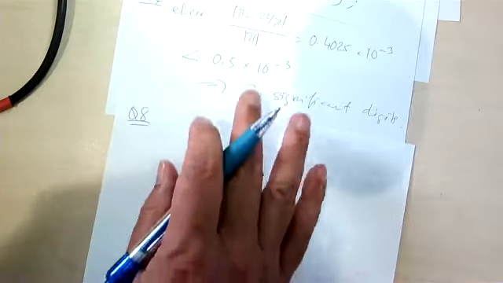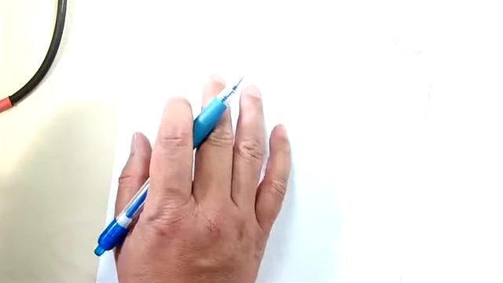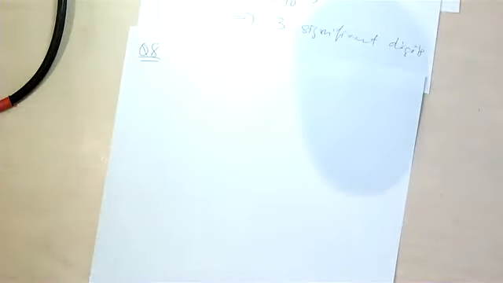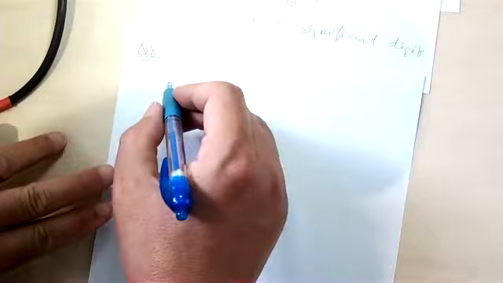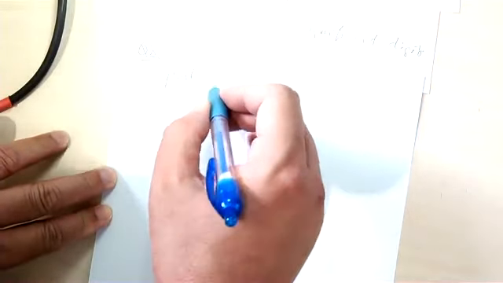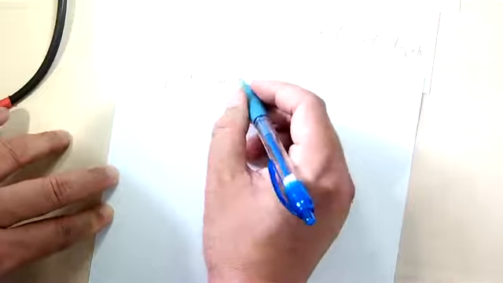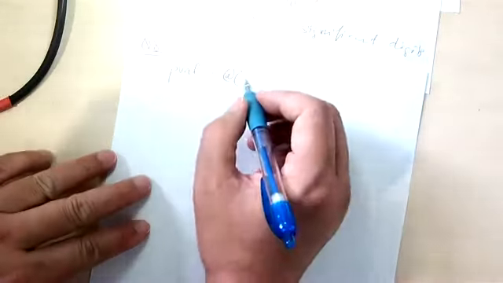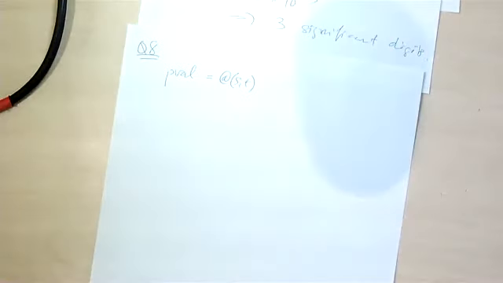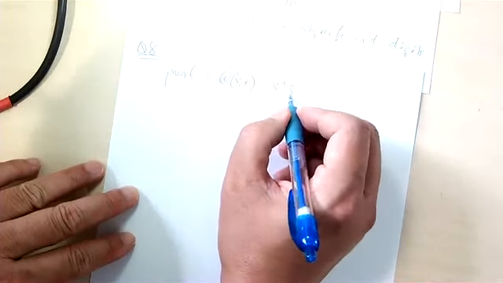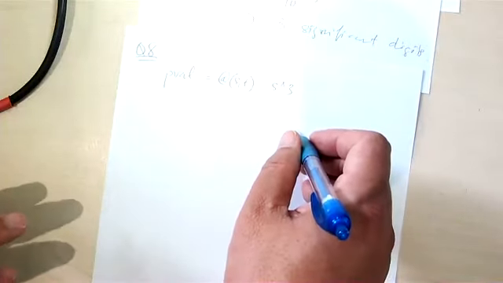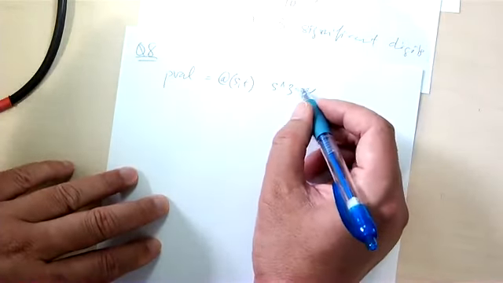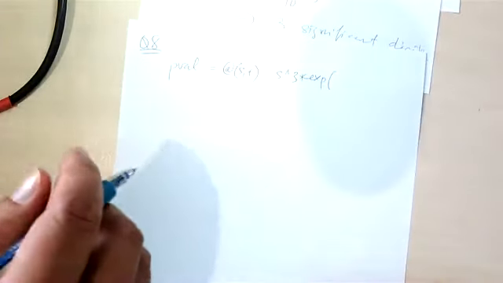Okay, so question 8 is about MATLAB. You have a formula, and now you want to write an anonymous function. So pval will be a function of s and t, then s to the power 3 times exponent of minus rs.